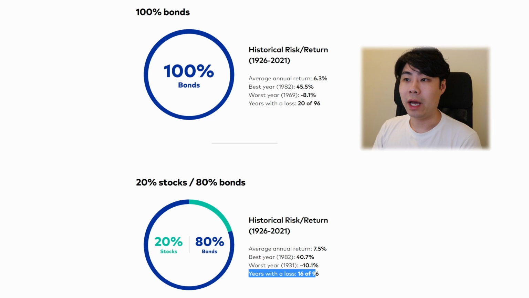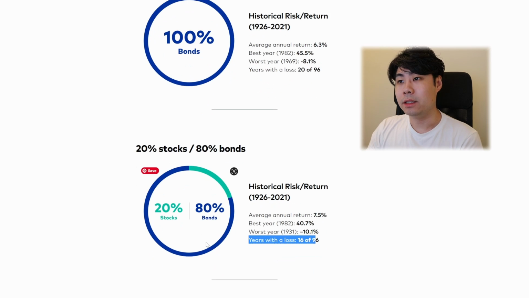Of course, if you have only stocks and no bonds, that's definitely way higher risk than 100% in bonds. But in a general sense, you want to allocate at least a small percentage, in this case 20%, into stocks if you want to have low risk but still have some kind of decent rewards.